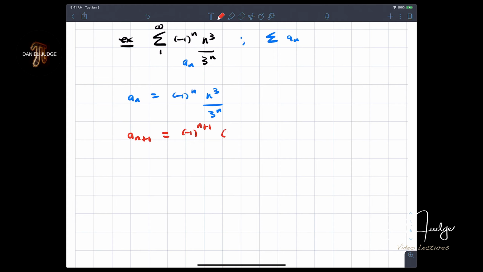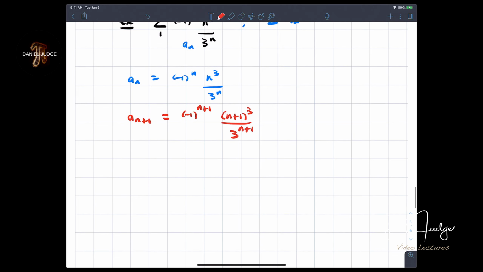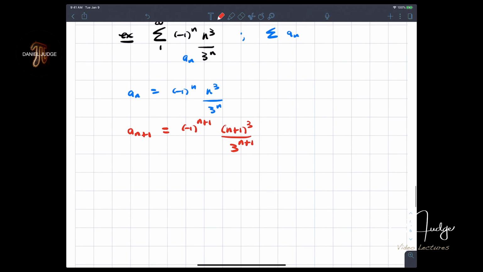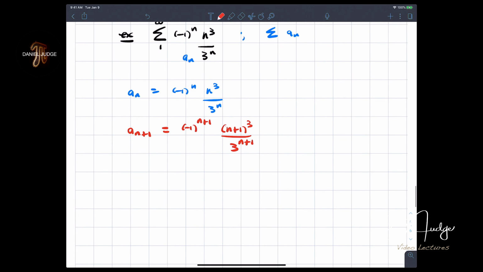So this is now (n+1) cubed over 3, and the power here now is n plus 1. So you got the a_n representation, the current representation, and you have the future a_{n+1}.